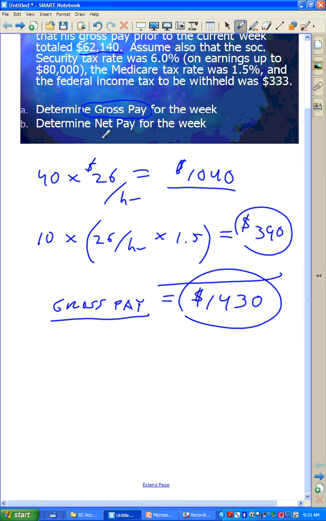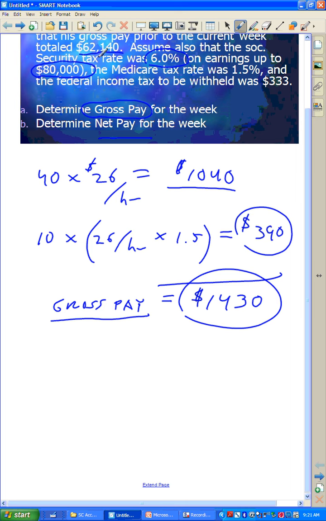Okay, it says find his net pay for the week. So now we've got to do his deductions. The first thing we look at is that the Social Security tax rate is 6.0% on earnings up to 80,000. So the way we have to read this is that if he goes up to and exceeds $80,000, even by $1, we have to factor that in.